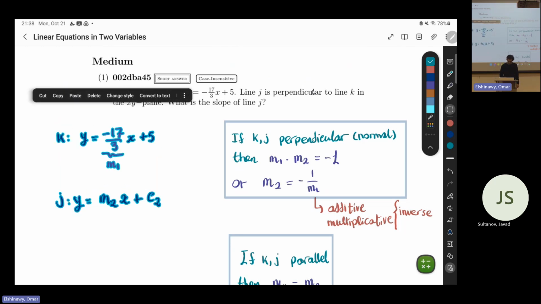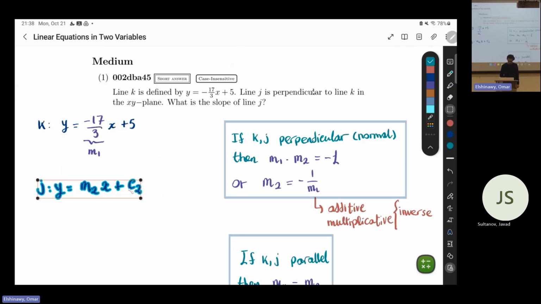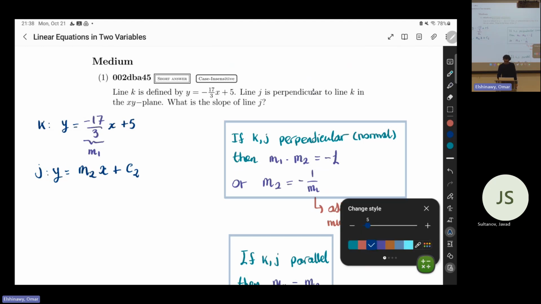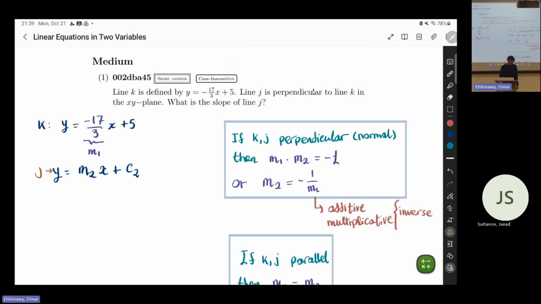And now, with this info, now that K and J are perpendicular to each other, can maybe one of you tell me what the slope of J should be? You're saying that it's going to be 3 divided by 17.